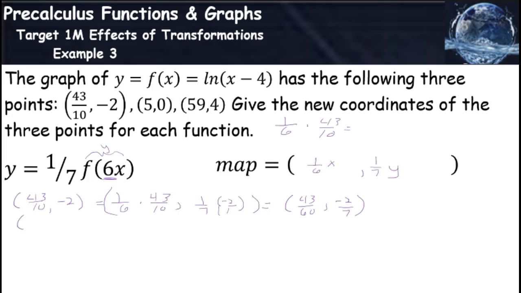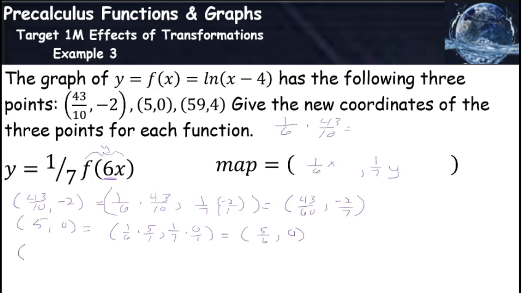And for 5, 0, I have 1/6 times 5, and I'm going to make that over 1. And then 1/7 times 0, and again over 1. Well, 1 times 5 is 5, and 6 times 1 is 6, so I get 5/6, and here I get 1 times 0 is just 0, divided by 7 is still 0.